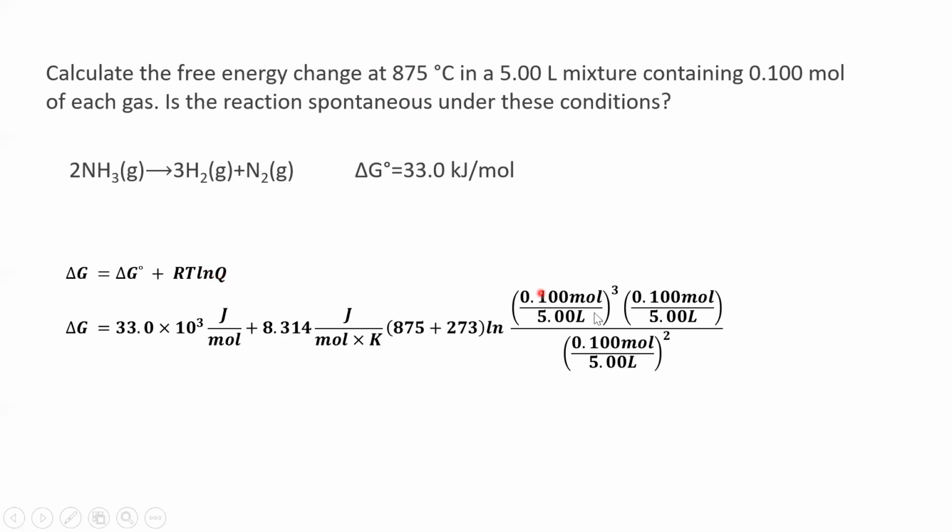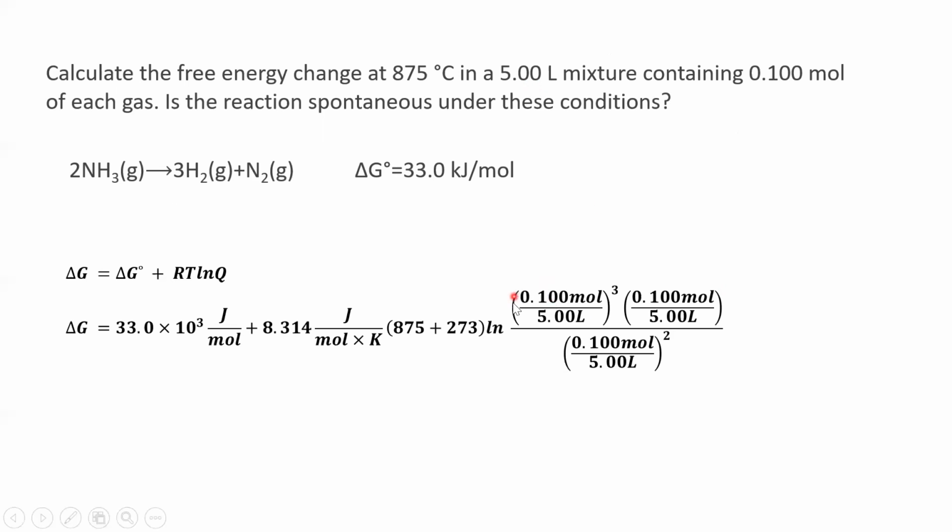Now, Q is products over reactants, each raised to the power of its coefficient in the balanced equation. So hydrogen cubed times nitrogen to the first over ammonia squared. Now the concentrations are moles per liter, so rather than doing them in a separate step, I'm just doing it all at once.